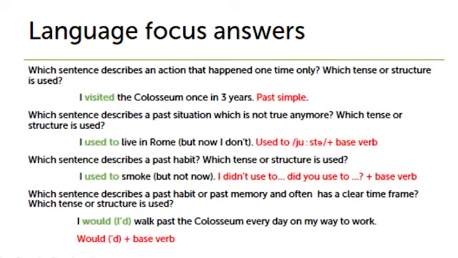Okay, so we use it to talk about past habits, and the verb has to be an action, a past habitual action, so something that happened many times. Here we've got every day, and it doesn't happen anymore. So I'd walk past the Colosseum every day on my way to work.